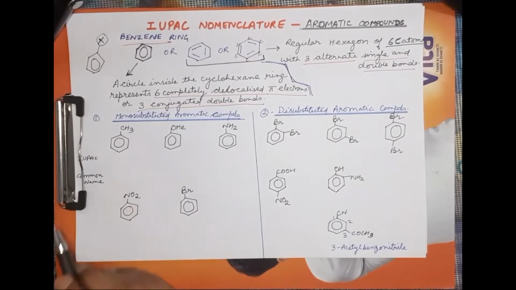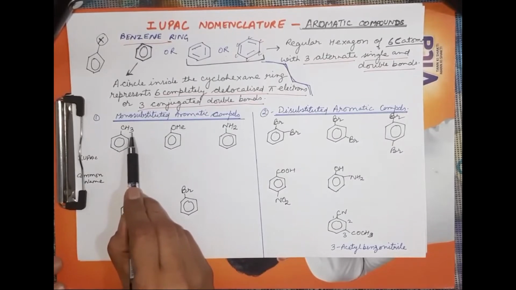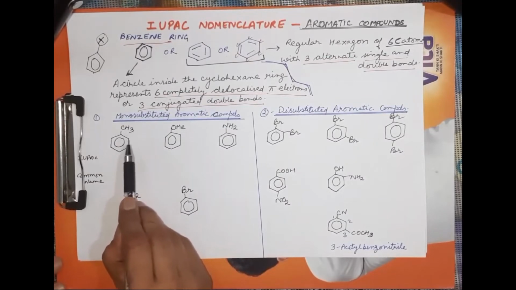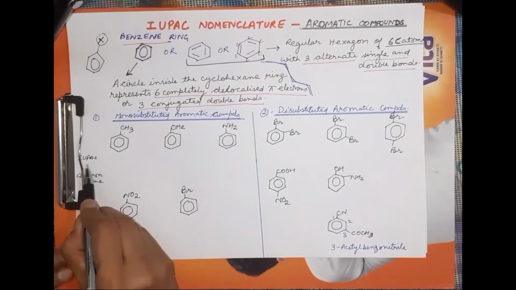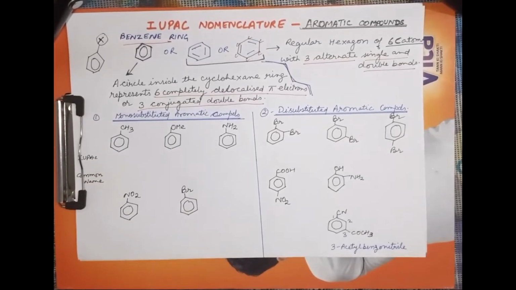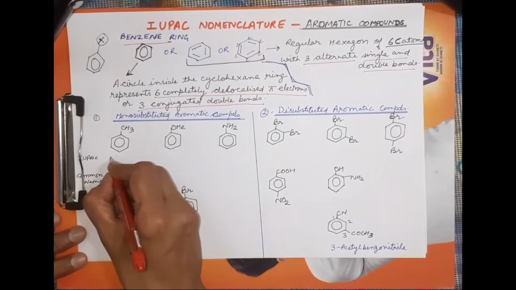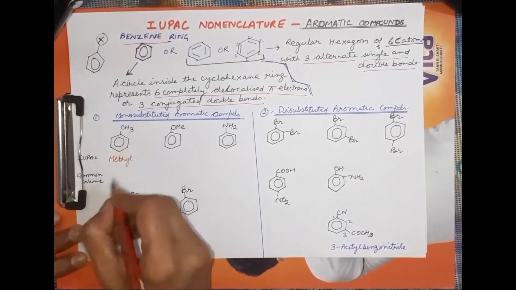Here the benzene ring is there and one methyl group is attached to it. In such a case we can write the IUPAC name: methyl benzene, because this is a substituent.